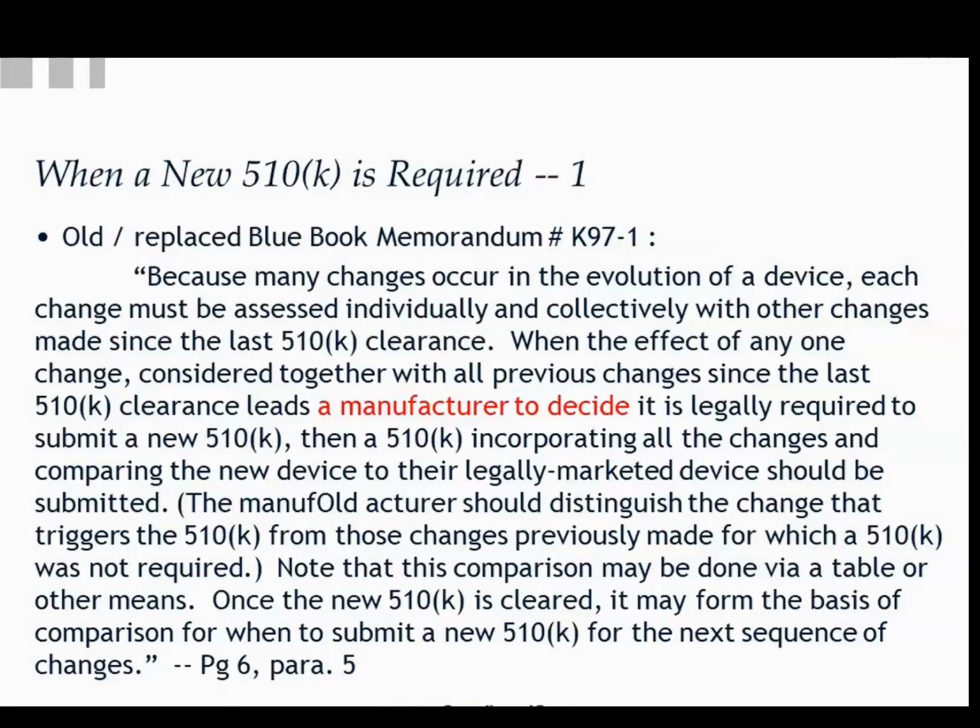Now, the guidance documents say that if you made a bunch of changes and none of those triggered the need to file a new 510K, then you go ahead and implement those changes and put the product in the marketplace.